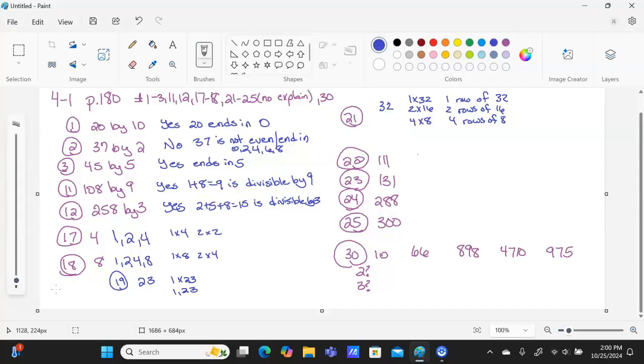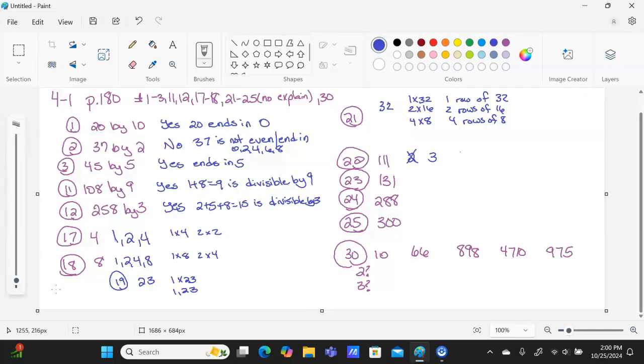22, 23, 24, and 25, you were asked to tell whether the number was divisible by 2, 3, 5, 9, 10, or none. I told you you didn't have to do the explaining, and then some of the numbers may have more than one divisor. So it's not divisible by 2. It is divisible by 3. 1 plus 1 plus 1 is 3, which is divisible by 3.